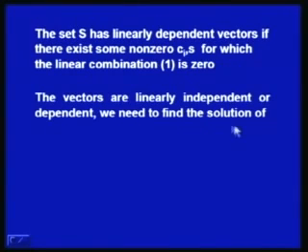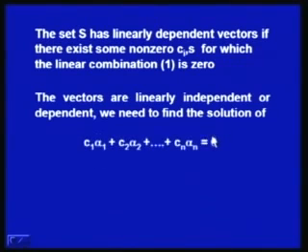To determine whether the vectors are linearly independent or dependent, we need to find the solution of the equation C1 alpha 1 plus C2 alpha 2 plus Cn alpha n is equal to 0.